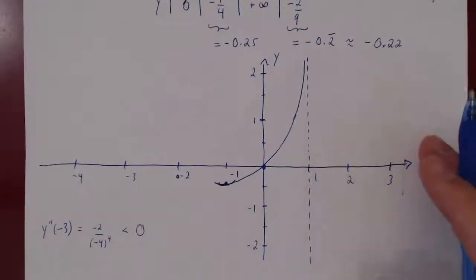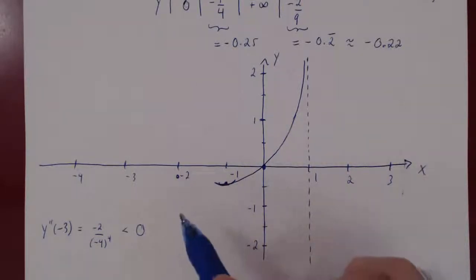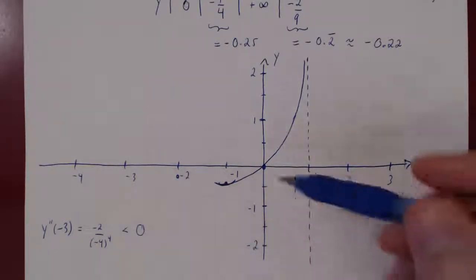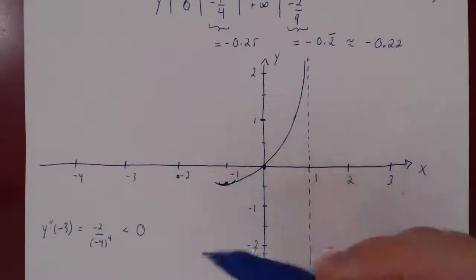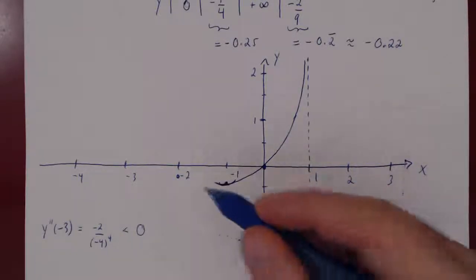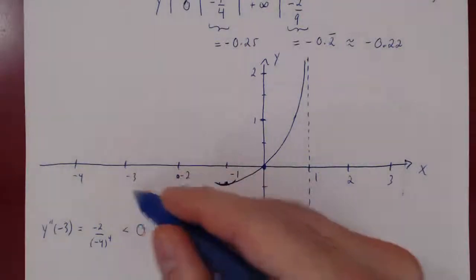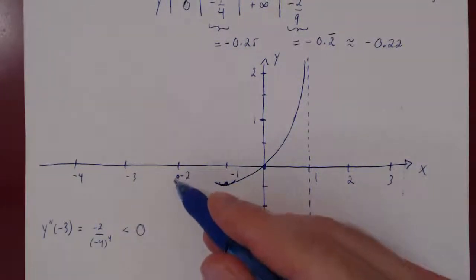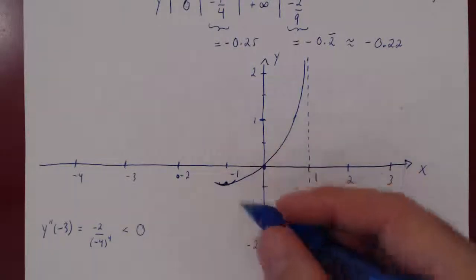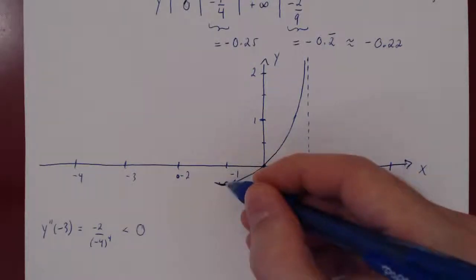So we look at our picture now and we say, well, there really is a change in concavity, because to the right of -2, the curve is concave up, right? But to the left of -2, say at -3, the curve is concave down. So -2 is a real inflection point. So I'll make the curve a little flatter here.